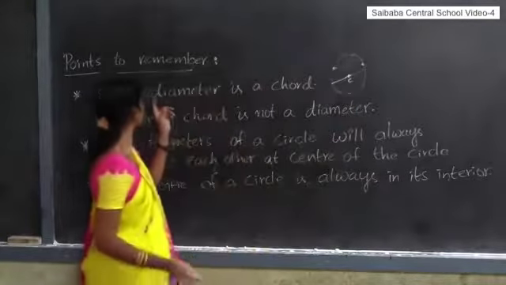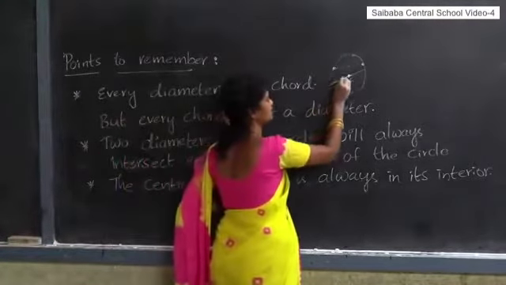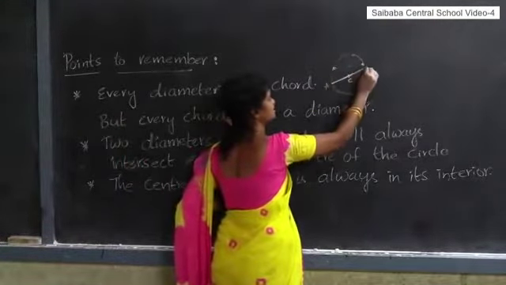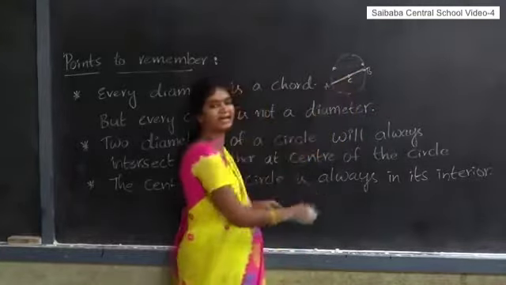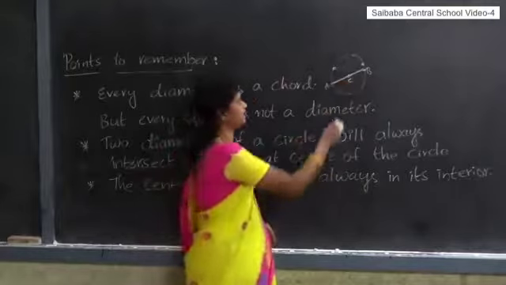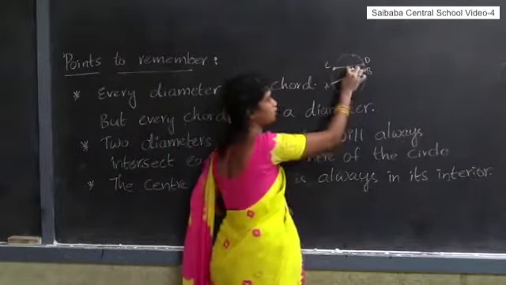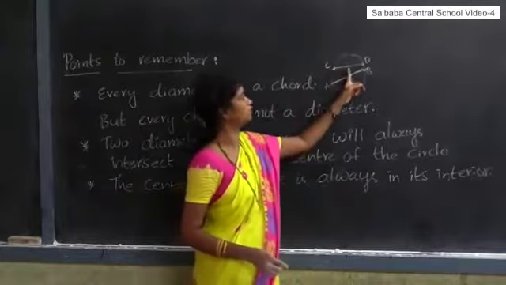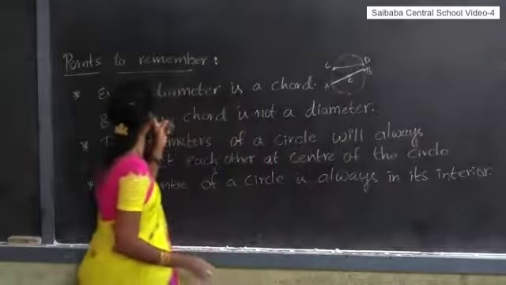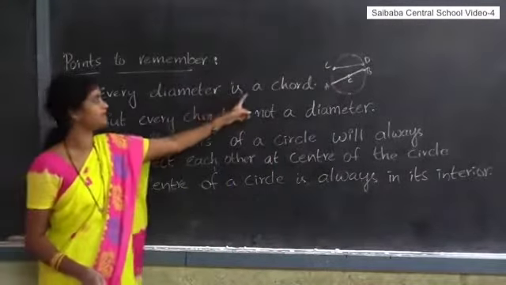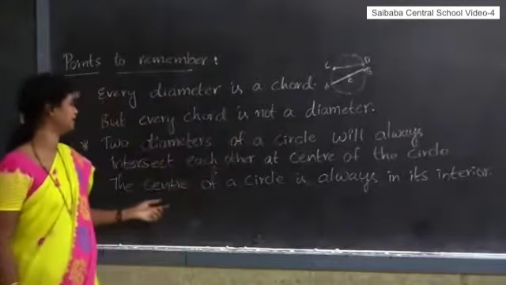Every diameter is a chord, since the diameter connects two points on the circle. But this chord CD is not passing through the center, so we should not call this chord a diameter. So finally, every diameter is a chord, but every chord is not a diameter.